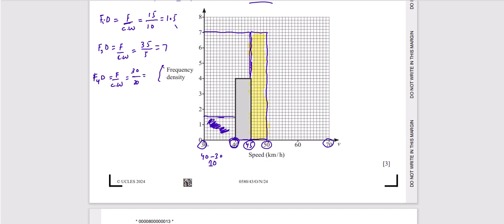So we get 1.5. Also this one point is 1.5. So draw this. So shaded this area. And also shaded this area.